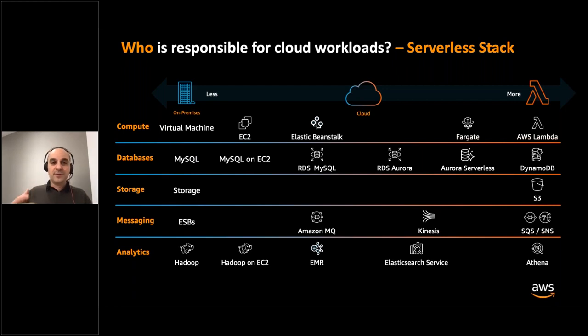So you get the same features, but without the overhead, without the concern of those services that are running underneath. So you have solutions like Lambda, like DynamoDB and S3, where you actually don't know the existence of the services that are running there and are supporting those features.